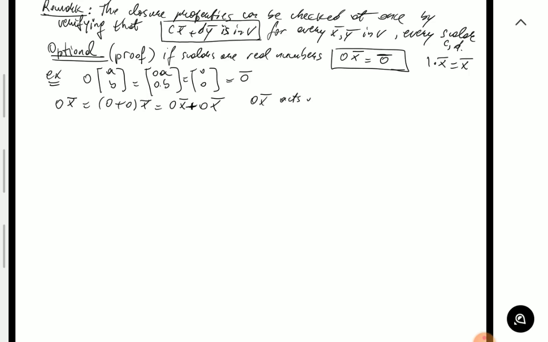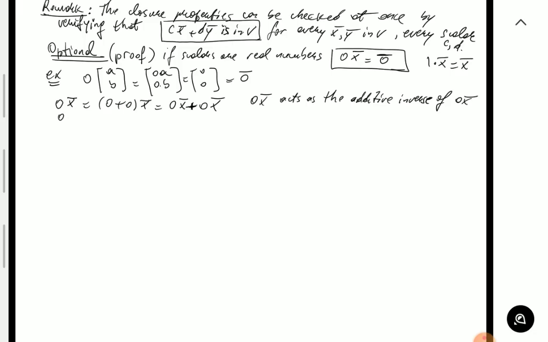acts as the additive inverse of 0x, of itself, basically. Without getting too deep into the absolute algebra, there is a uniqueness of the additive inverse. So already we know that 0 bar has that property.